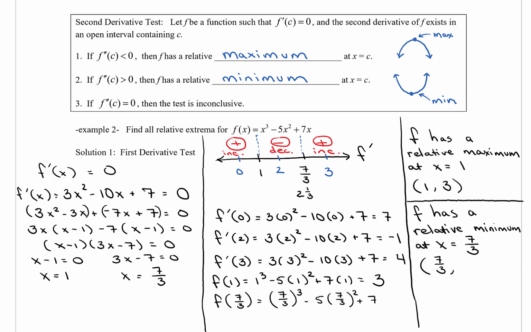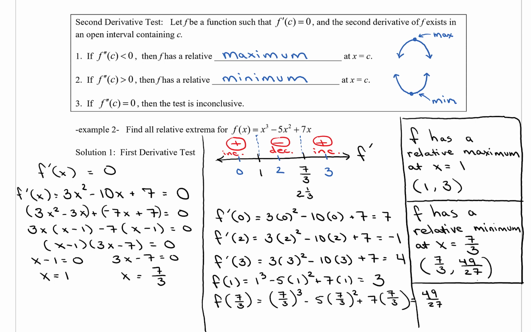I'm just going to go ahead and put this into the graphing calculator and come up with my value. So f of 7/3 is going to be equal to 49 over 27. So we're going to write down our ordered pair, 7/3, comma, 49 over 27. And I'm going to go ahead and box in my conclusions. This would be how we find the relative extrema using the first derivative test.